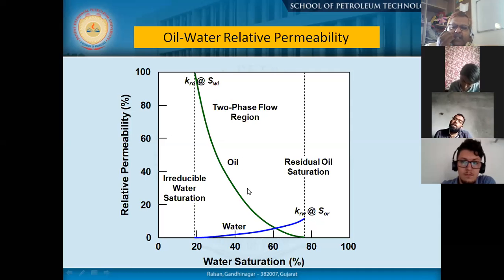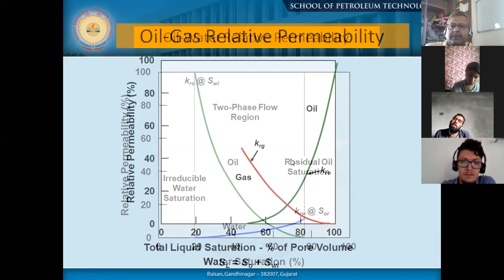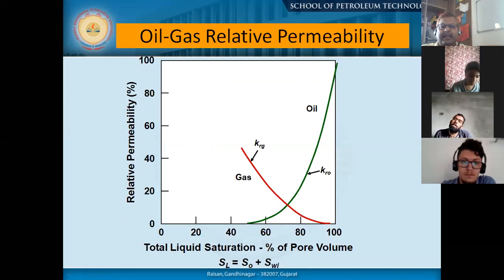In the case of gas, the things are different. We discussed the water zone, transition zone, then the oil zone, then the oil-gas transition zone and gas zone.